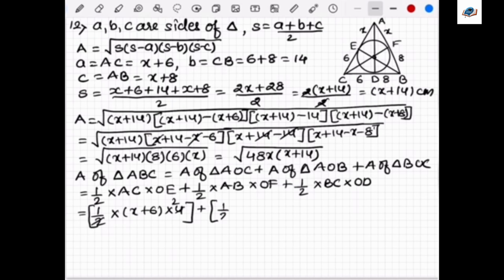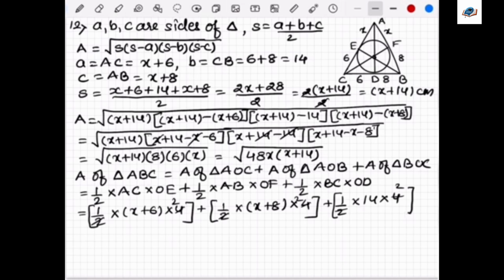So again I am cutting this 2. So I will get 2 into x plus 6 plus 2 into x plus 8 plus 14 twos, which will be 28. So this I will get as 2x plus 12 plus 2x plus 16 plus 28. So if I solve at the end, I will get 4x plus 56.